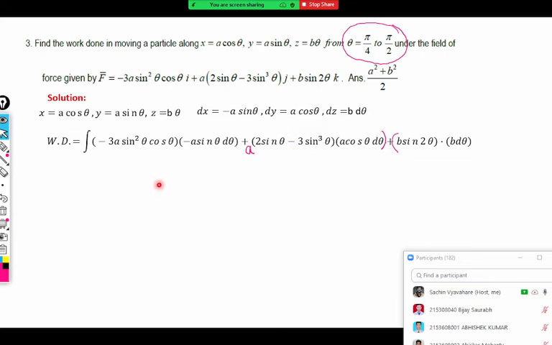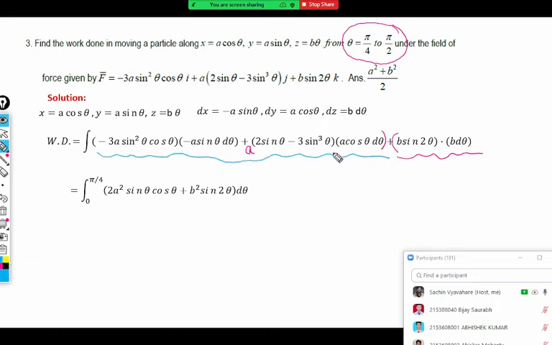If we do a simplification, the simplified part will be left this much only: 2a square sine theta cos theta and b square sine 2 theta. You get b square sine 2 theta from this last term. The simplification of these first two terms is this one.